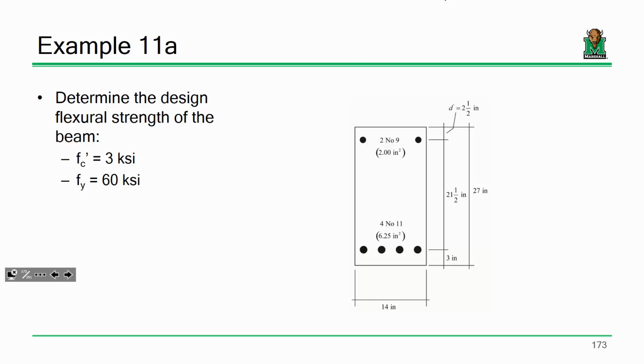We have 2 number 9s for compression steel, so the area is 2 square inches. And the tensile steel, we have 4 number 11s, so it's 6.25. Don't worry, I'm gonna draw all this out. So if you're sitting here copying down all these values, don't worry. Is everybody okay so far? We're going to compute the design capacity, and I think you'll see this isn't so bad.